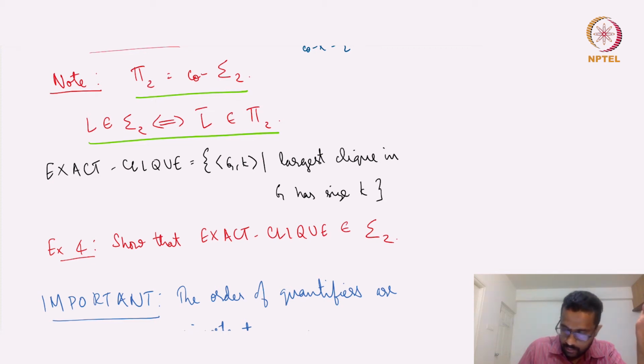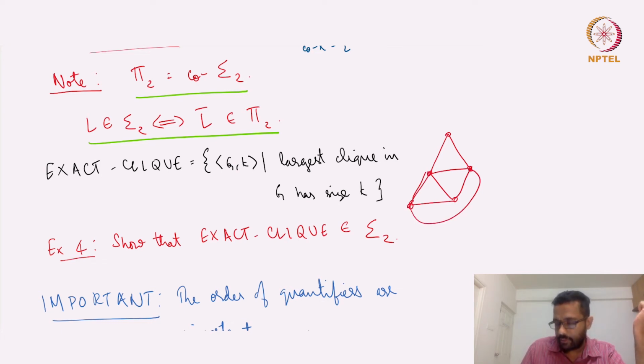So if I give G comma 3 as an instance, it will be a yes instance for clique, but it will not be a yes instance for exact clique because there is a clique of size 4, right. So exact clique requires k to be the size of the largest clique in that graph.